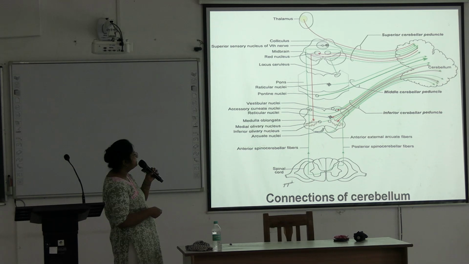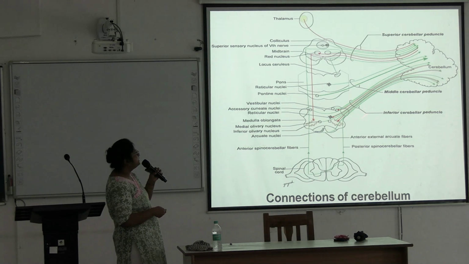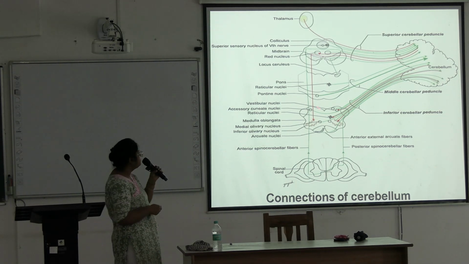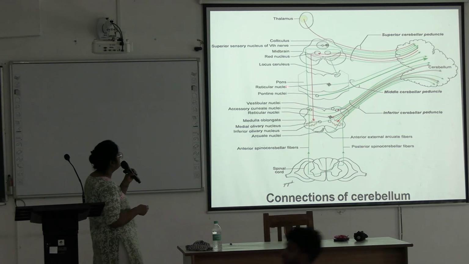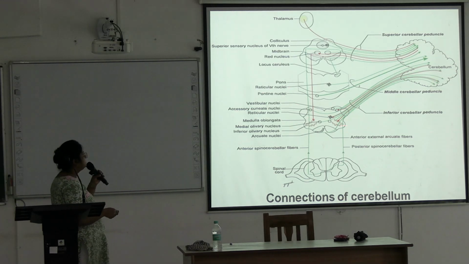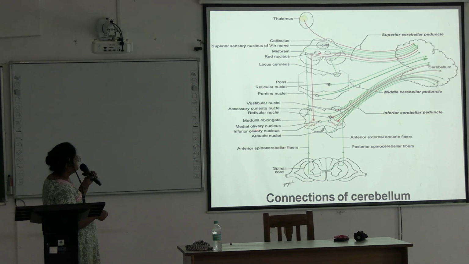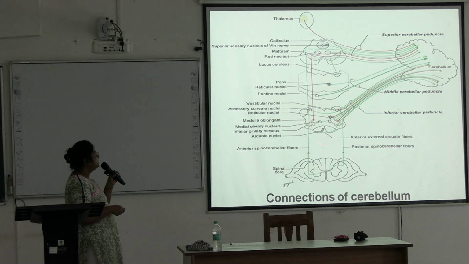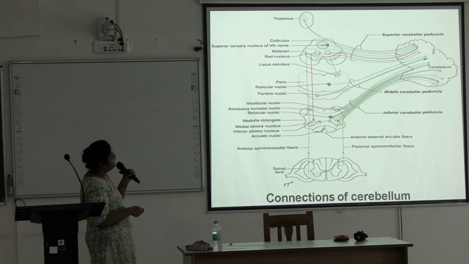So three efferents are there and green are the afferents coming from different areas. You have seen vestibular nuclei, accessory cuneate nuclei, reticular nuclei, inferior olivary nuclei, arcuate nuclei, medial olivary nuclei. All these are where the afferents are coming from.